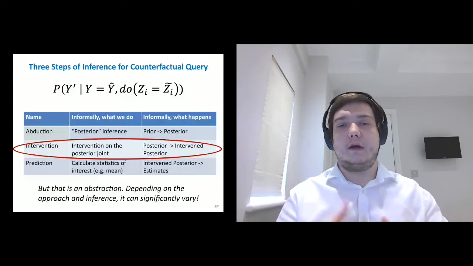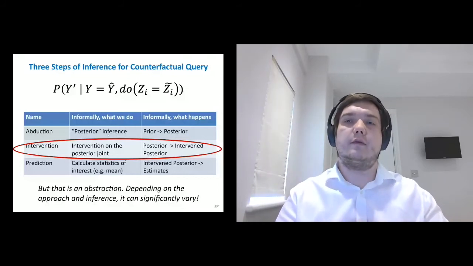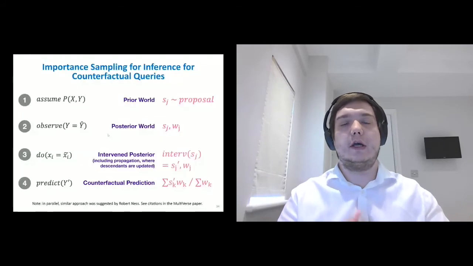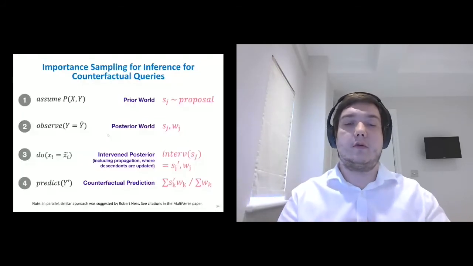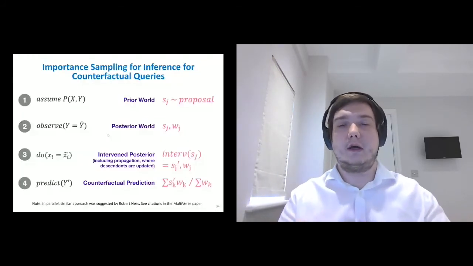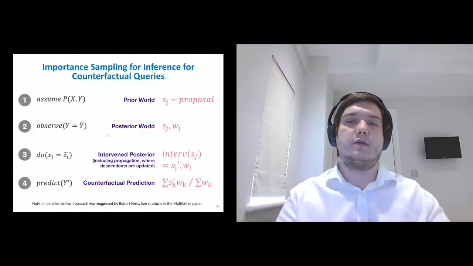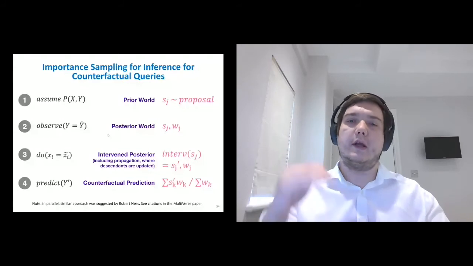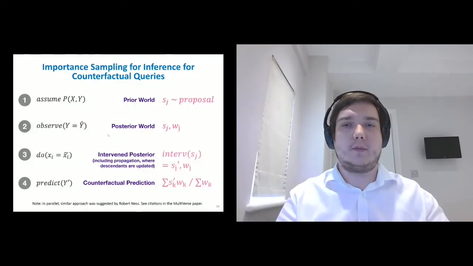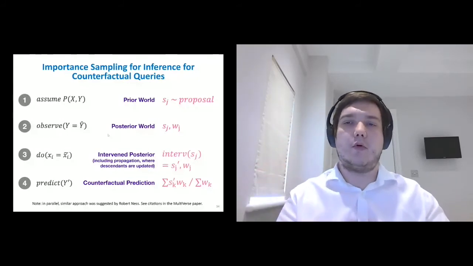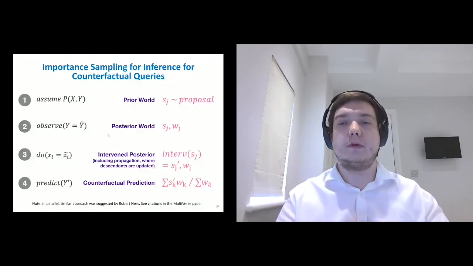And we suggested importance sampling for inference for counterfactual queries. I should note that in parallel, a similar approach was suggested by Robert Ness. You can see citations in the MultiVerse paper. So to do counterfactual queries using importance sampling, we can do 4 steps. We get proposals from the prior or proposal distribution.